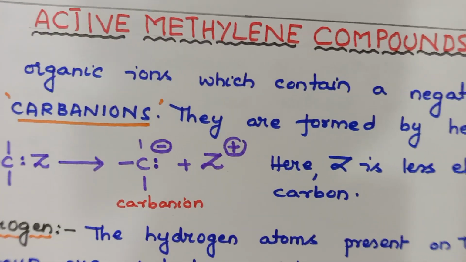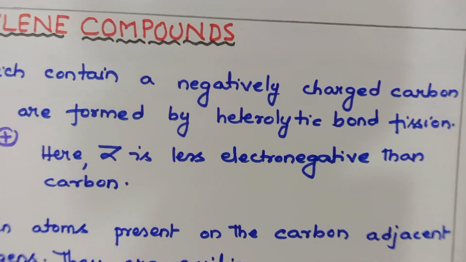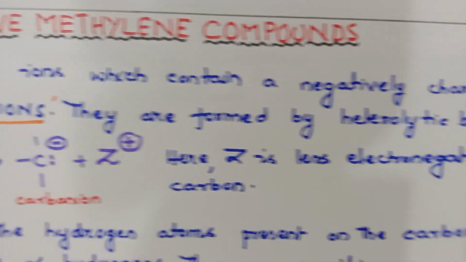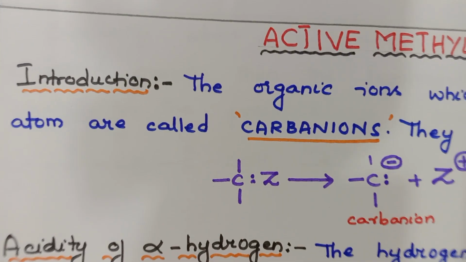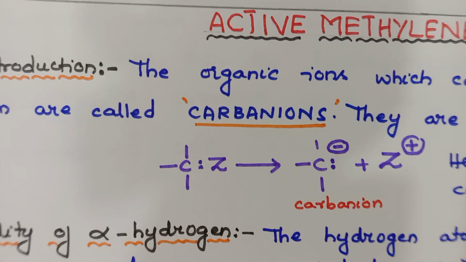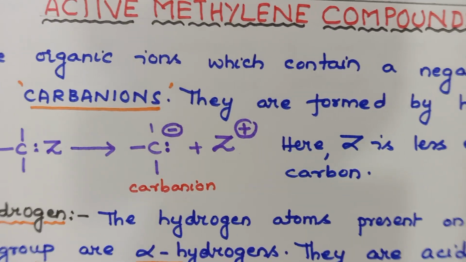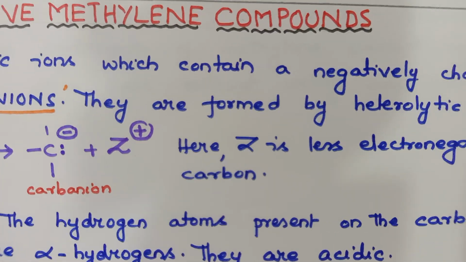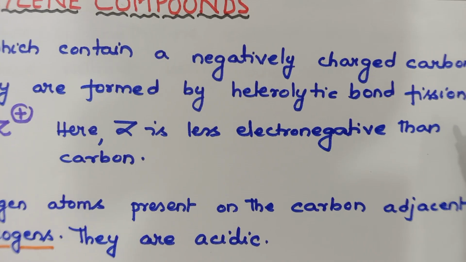The organic ions which contain a negatively charged carbon are called carbanions. And these carbanions are formed by heterolytic bond fission. Look here, I have written heterolytic bond fission.